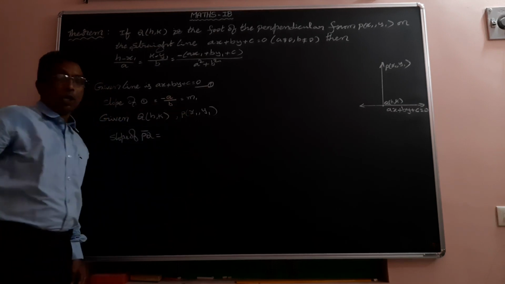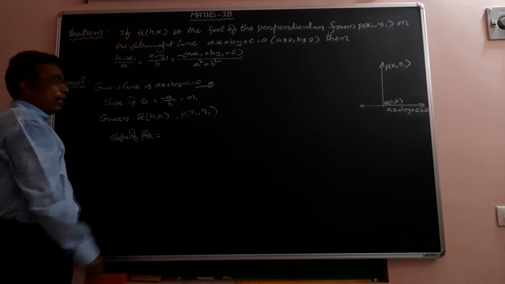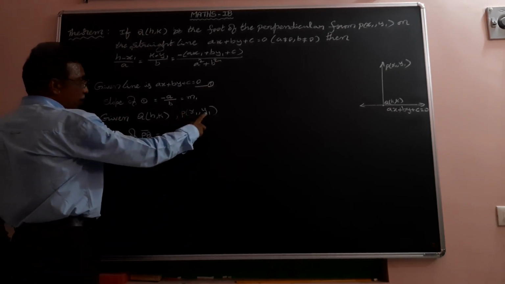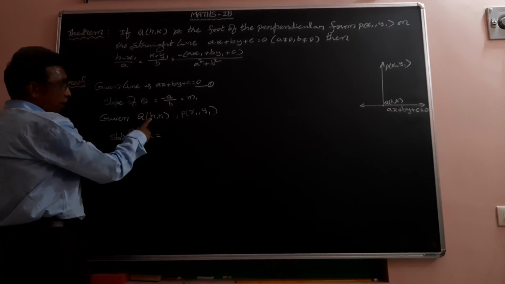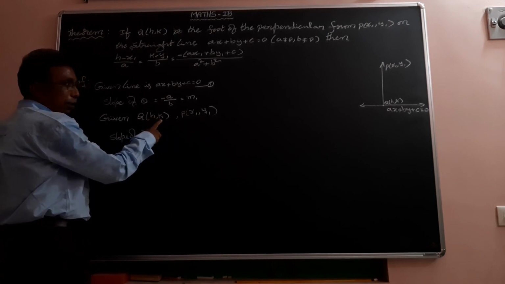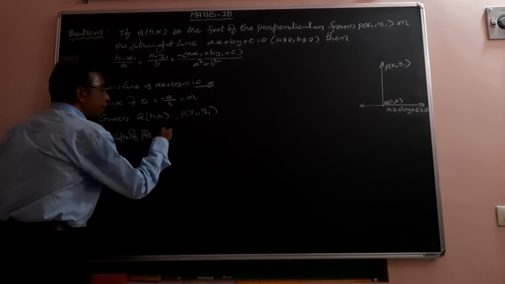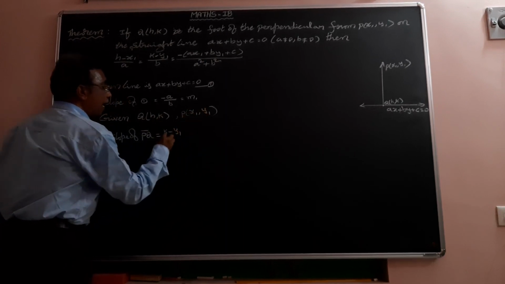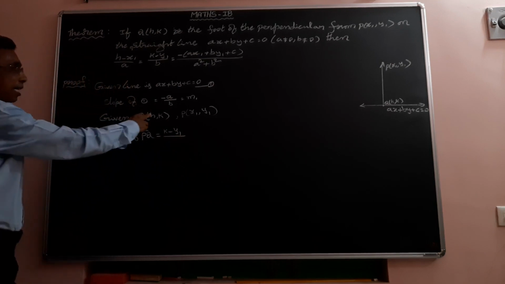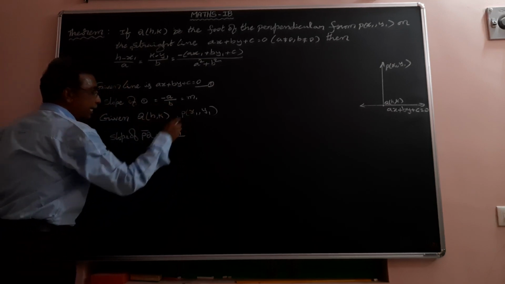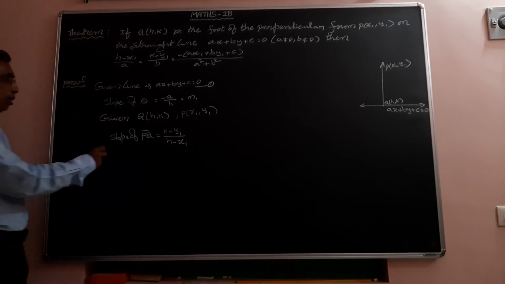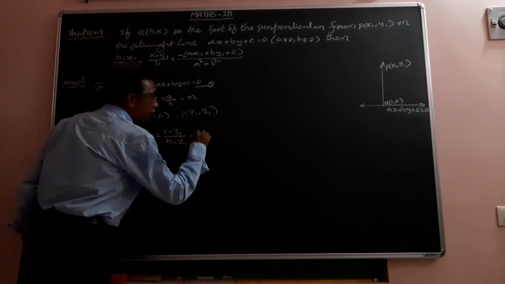For 2 given points, y2 minus y1 by x2 minus x1. Now this point x1 y1 is given. This one we consider as x2 y2. What is y2? K. So k minus y1 by h minus x1. Now this slope is m2.